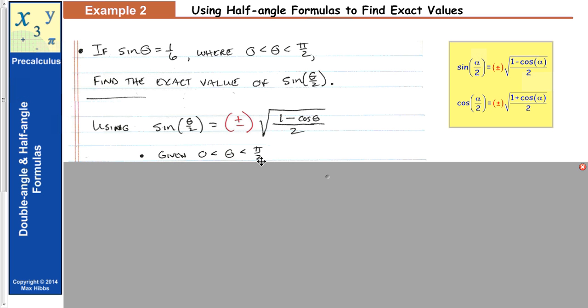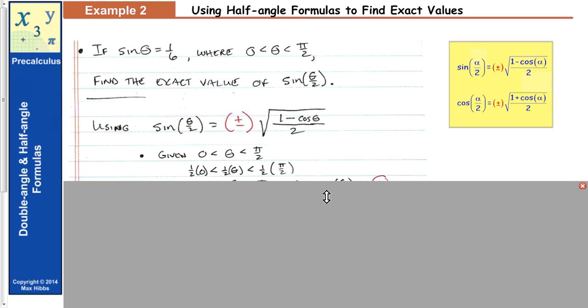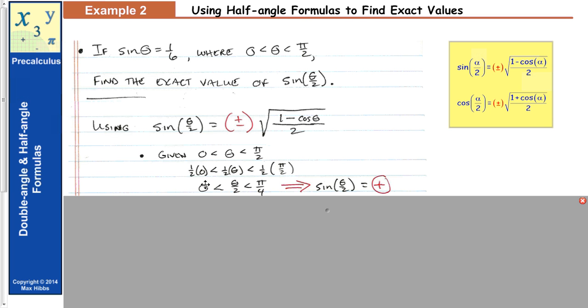But before then, we need to decide whether our answer is positive or negative. And since theta resides between 0 and pi over 2, if we multiply all the way through by 1/2, we'll end up with 1/2 times 0 is less than 1/2 times theta, which is theta over 2, which is less than 1/2 times pi over 2, which is pi over 4.